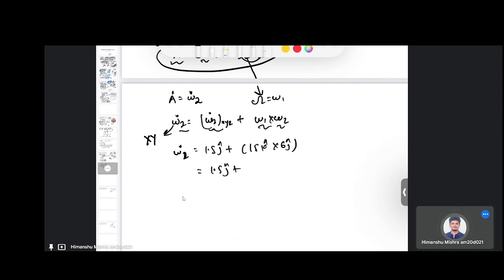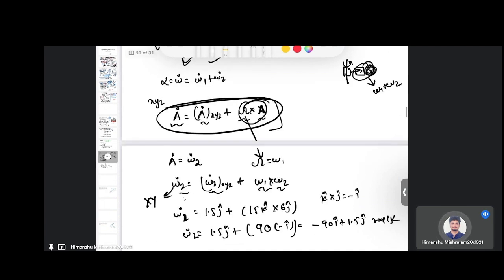So this will be 15 multiplied by 6, so it will be 90, and k cross j will give me minus i. So it will be minus 90i plus 1.5j rad per second square. So this is my omega dot 2 with respect to the fixed frame. And using the similar formula, we calculate omega 1 dot.